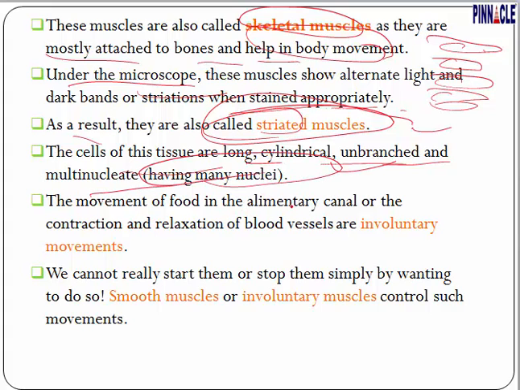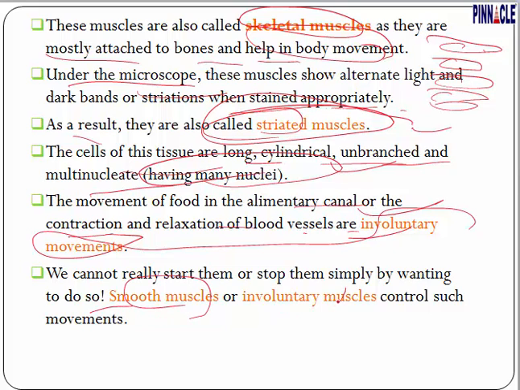The movement of food in the alimentary canal or the contraction and relaxation of blood vessels are involuntary movements. We cannot really start them or stop them simply by wanting to do so. Smooth muscle or involuntary muscle controls such movement.